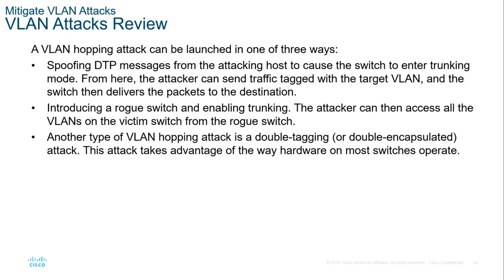It can be launched in one of three ways. We have spoofing. Spoofing DTP messages, which is Dynamic Trunking Protocol, from the attacking host, to cause the switch to enter trunking mode.